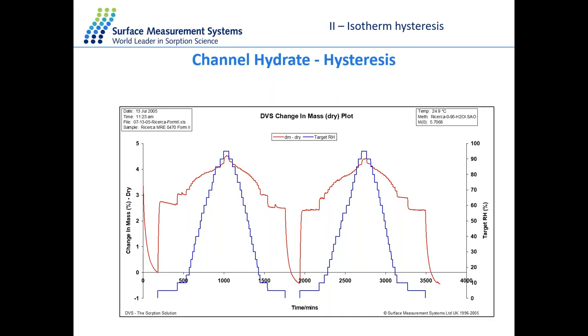One of the last examples that I want to show you is a specific type of structure, a little bit more peculiar, let's put it this way, so a little bit more rare to identify. This is a channel hydrate. I introduced the concept of a mesoporous material at the beginning of the presentation, showing you an example of a material that has a honeycomb-shaped structure, in which the molecule will not absorb immediately into the pore of the honeycomb structure, but will absorb only on the corner.